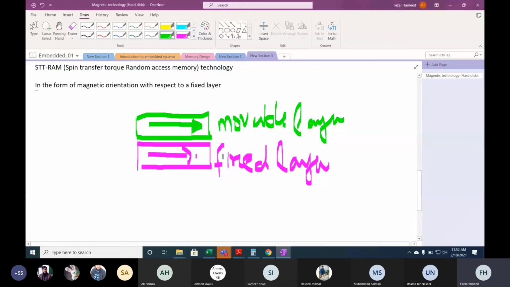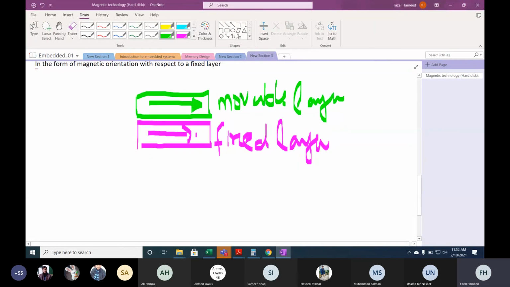So when both of them have the same orientation, this state is called the parallel state. In the parallel state, the fixed layer and the movable layer have the same magnetic orientation.